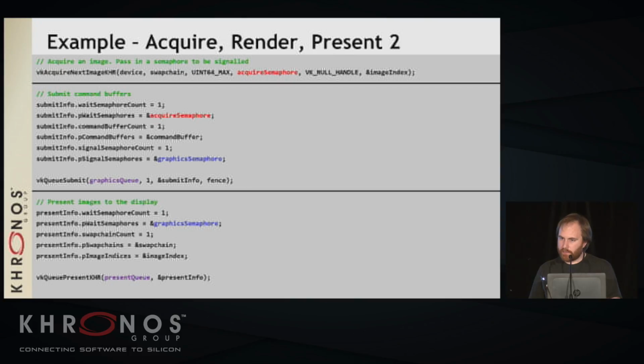And again, present is pipelined. You don't want to wait for the queue submit to finish on the CPU. So again, you take that graphics semaphore you've already set up and you pass it to present, and then it'll just start executing, but it won't really actually do anything until that semaphore signals.